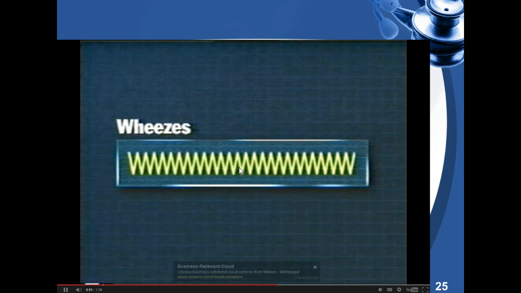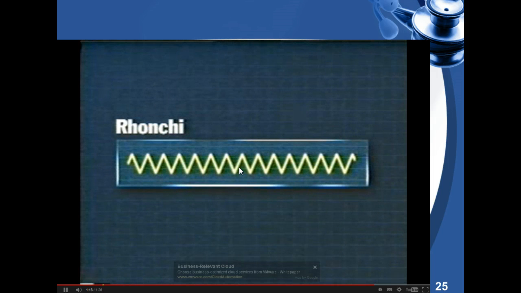Compared to crackles, wheezes and rhunci last much longer and sound more musical. Wheezes are relatively high-pitched and have a hissing or shrill quality. Rhunci have a lower-pitched, snoring quality.